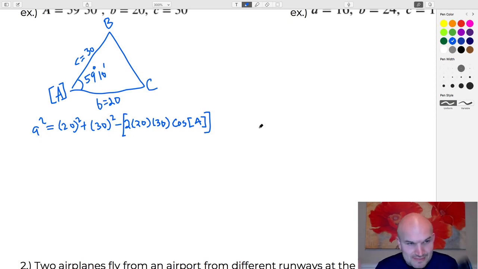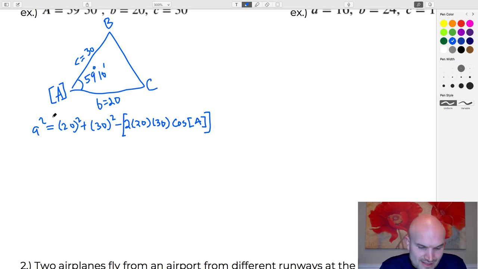So I have 20 squared plus 30 squared minus, open parenthesis, 2 times 20 times 30 times the cosine of my a value, which is 59.833. Close that parenthesis, and then I close that other parenthesis. And therefore, I get a squared is 696.97.